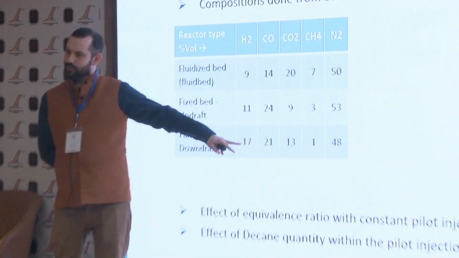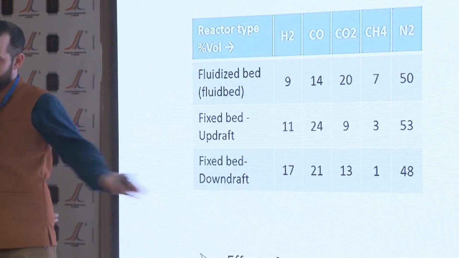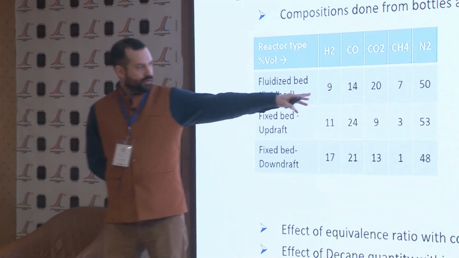You were saying that hydrogen rich is better. Can you tell what range you are talking about according to your study? So this is the highest hydrogen content we have: 17% of hydrogen in the syngas blend, and this is the lowest, 9%.